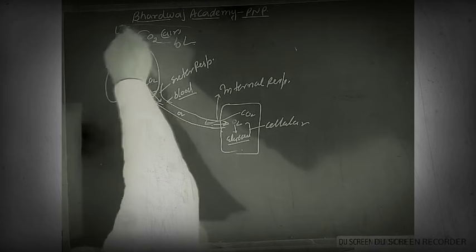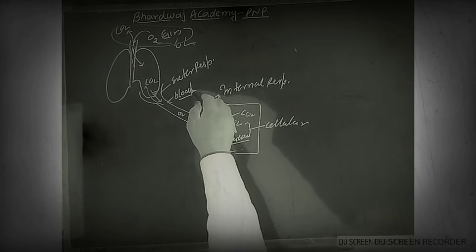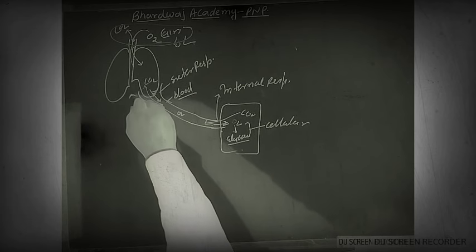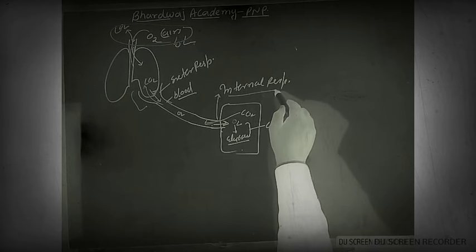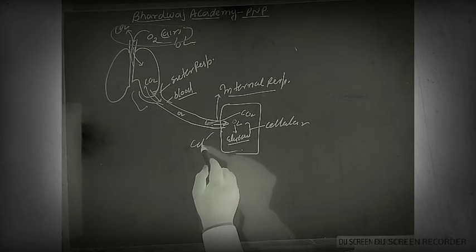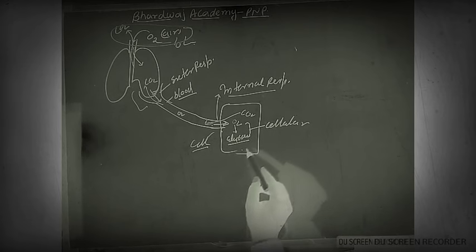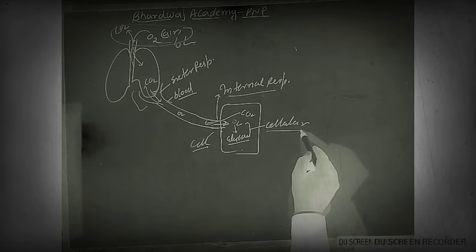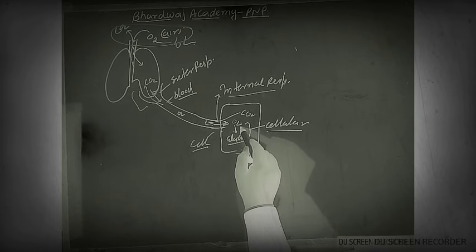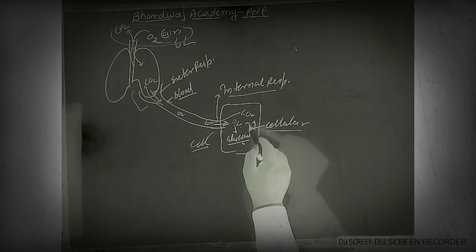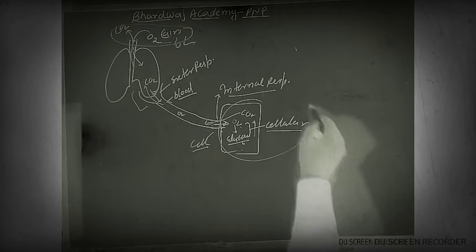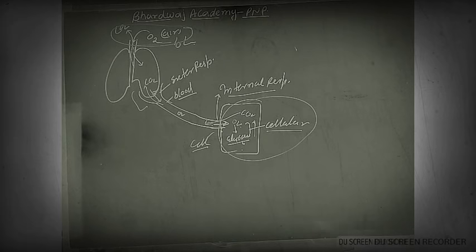First one is breathing. The second is external respiration that occurs at lungs level. Third one is internal respiration that occurs at cellular or tissue level, and fourth one is cellular respiration, in which oxygen is used to break down the glucose and release carbon dioxide. Then we will discuss this cellular respiration.